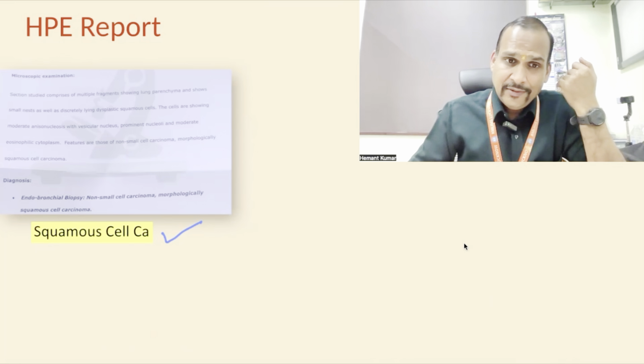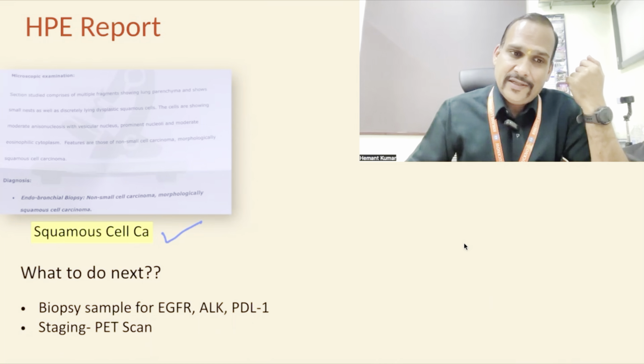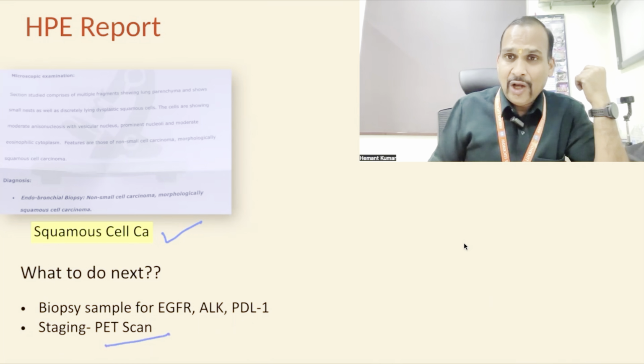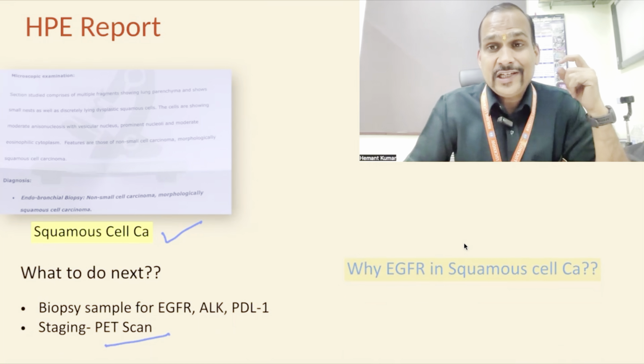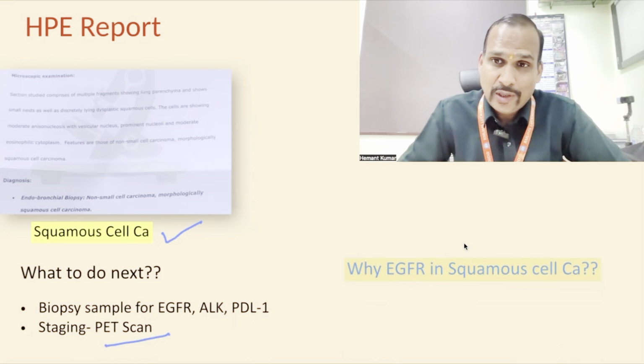Then we have to get EGFR, ALK and PDL1. And for staging purpose, we have to do PET scan. Now the examiner will ask, why do you want to get EGFR in squamous cell carcinoma? Because this is more common in adenocarcinoma.